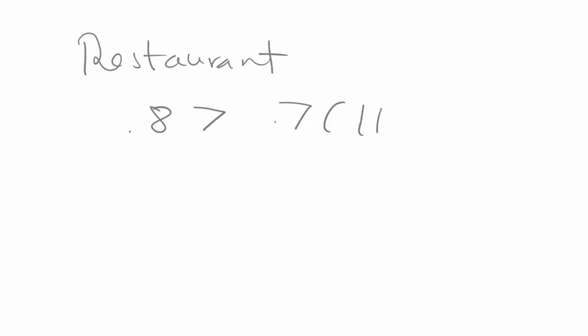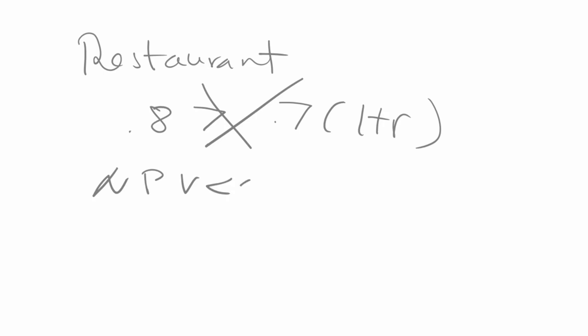So let's think about the restaurant. The restaurant gave us 0.8. So the question is, is this bigger than 0.7? 0.7 is the negative of the cost times 1 plus R. Well, 0.7 times 1.2 is 0.84. So no, the restaurant had NPV less than 0.